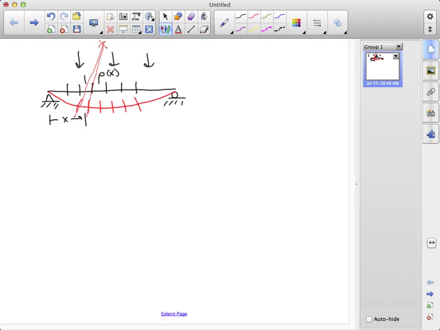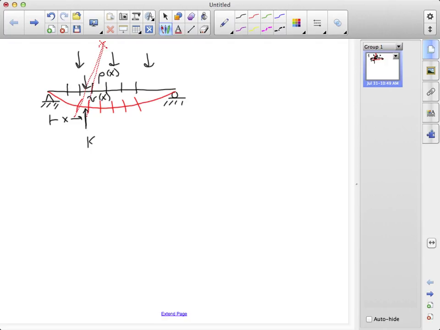If we define the local lateral deflection as v of x, and this lateral deflection is small, mechanics of materials theory, which many of you will learn about after statics, tells us that the local curvature can be written this way.